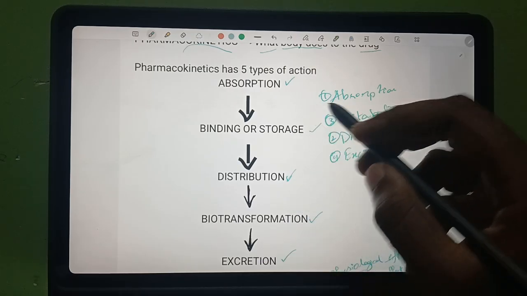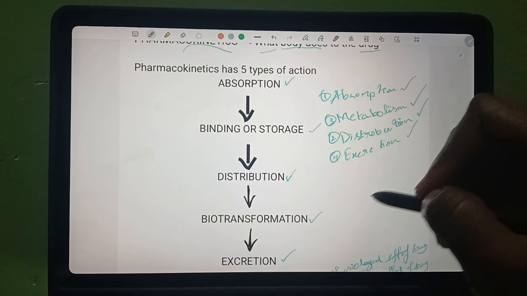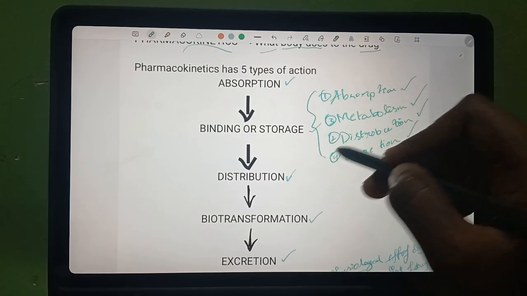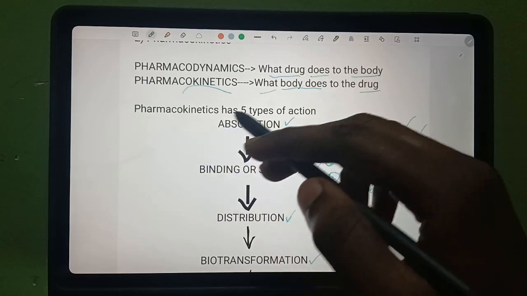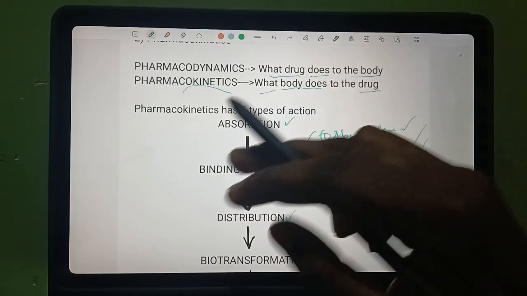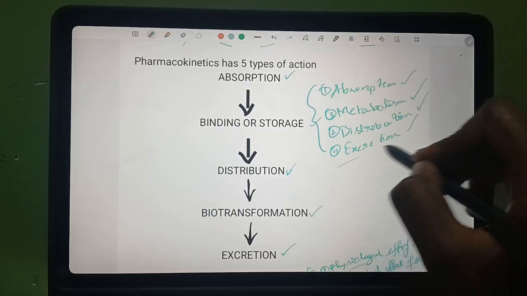Absorption, distribution, metabolism, excretion, these things should be remembered. And when the definition of pharmacokinetics is asked in the viva, you should tell the definition and also tell the four things.